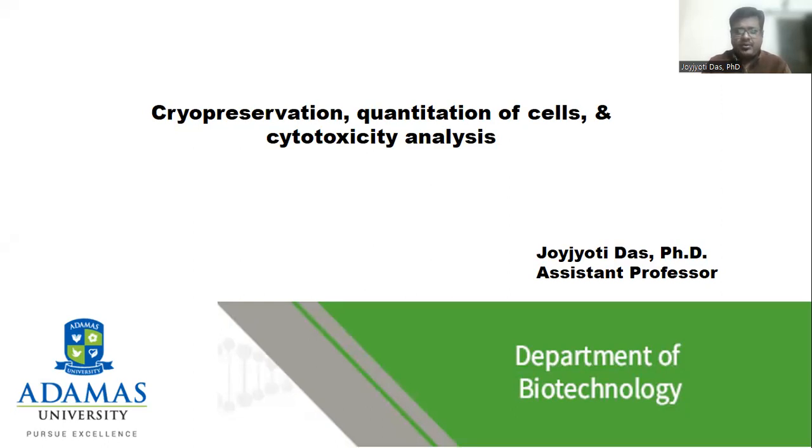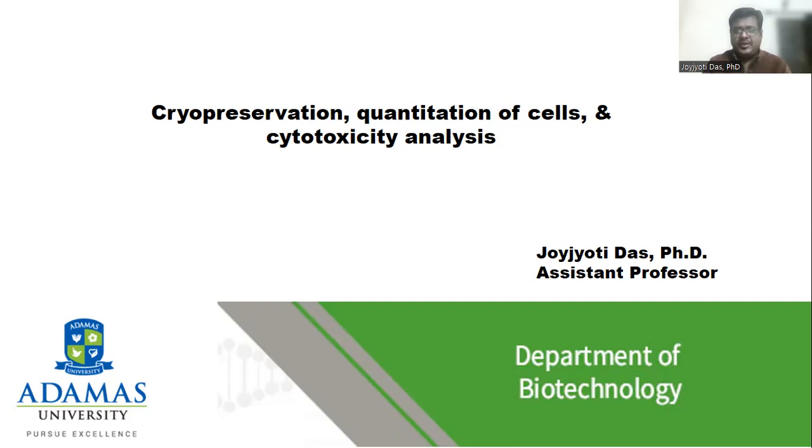We have learned about the design considerations for an animal cell culture laboratory, the commonly used equipment and reagents in an animal cell culture laboratory, and we have also discussed in detail the media used in animal cell culture. And we have also talked about the usual contamination that occurs in animal cell culture.